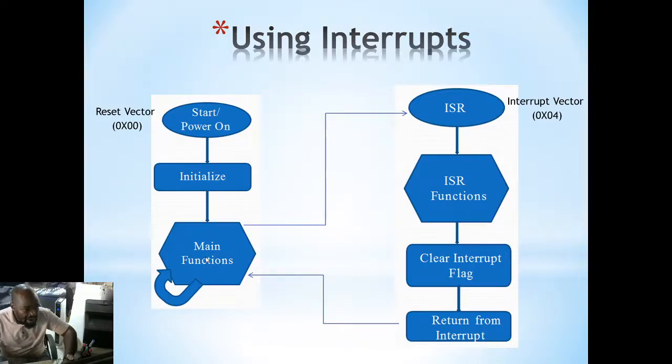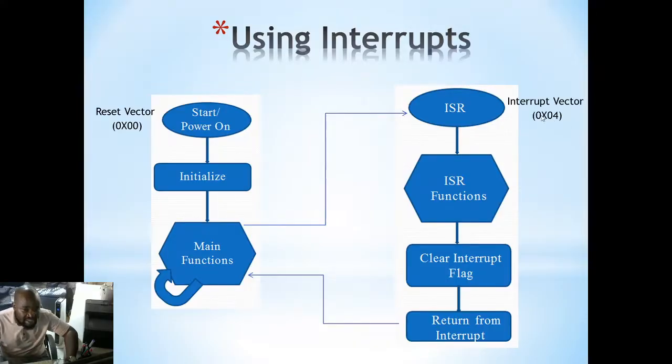Now, when an interrupt takes place and you did enable that interrupt, it jumps to what we call the interrupt service routine, which starts at address 04. That address 04 is known to be our interrupt vector. This interrupt vector is always 04 for the PIC 12 and PIC 16 microcontrollers.